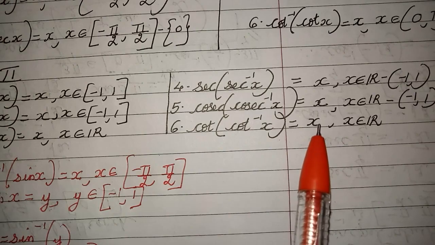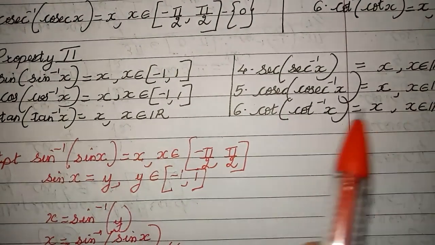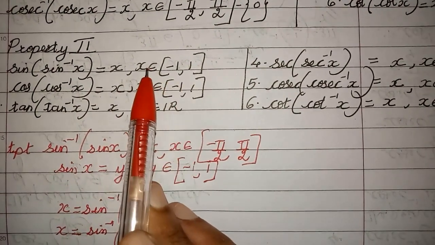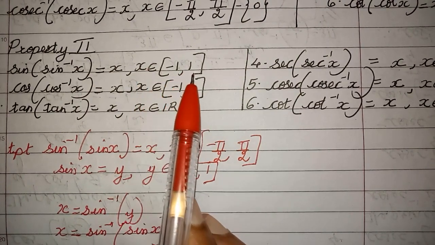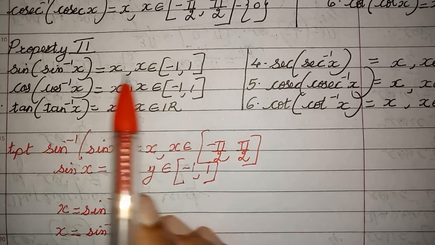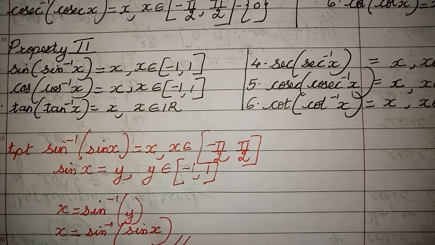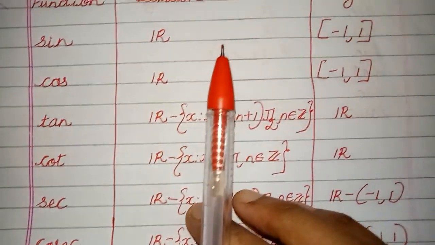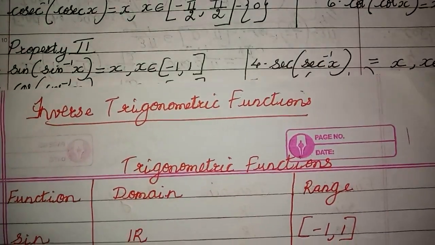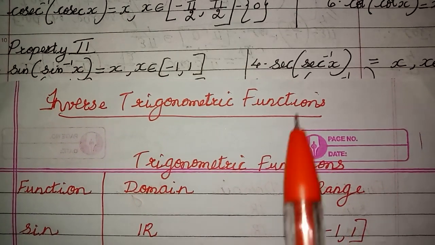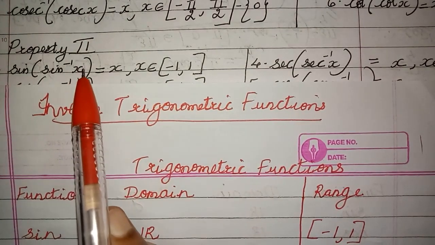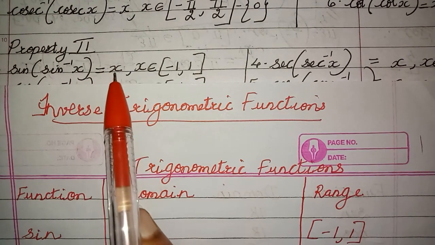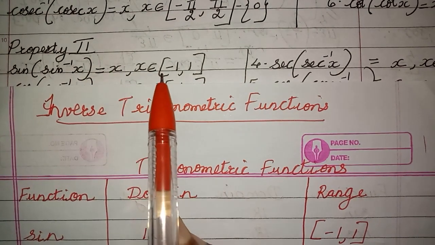That is true, but the highlighted point is that this can happen only when your x is of this type. Yes or no, children? Otherwise sin and sin inverse will never get cancelled, right? Just compare here. You know that the final value of any sine function has to be between minus 1 and 1.